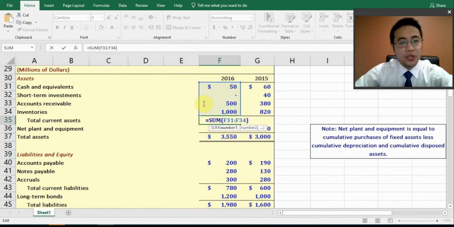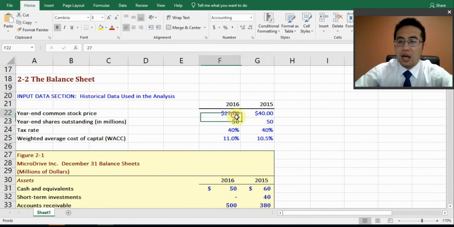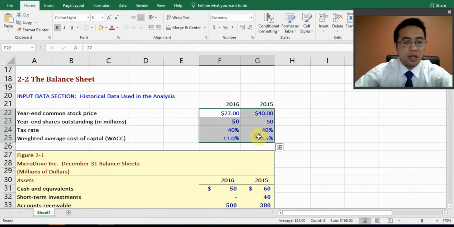And not only you need to do this for this particular cell, but also for all the other cells wherever possible. Of course, some cells we're gonna leave as they are. For example, all of these numbers are given information, and we cannot do much about it.